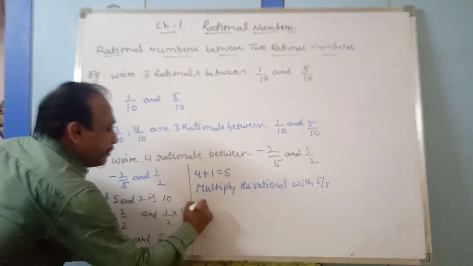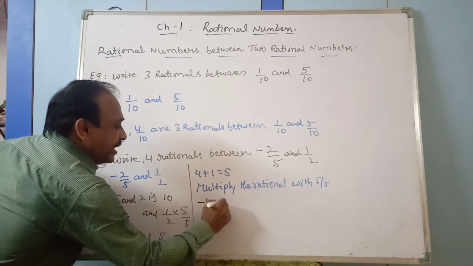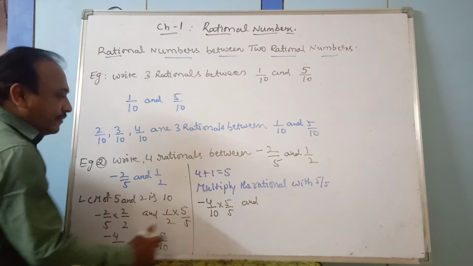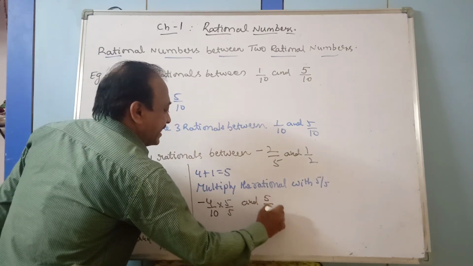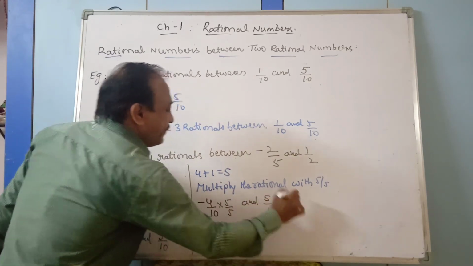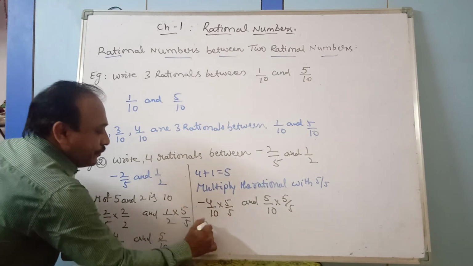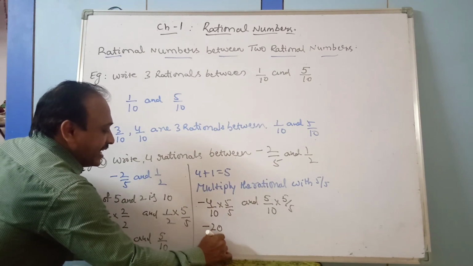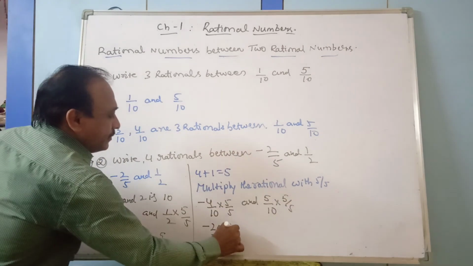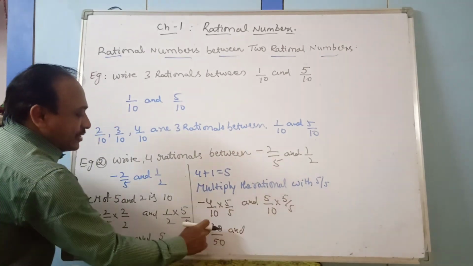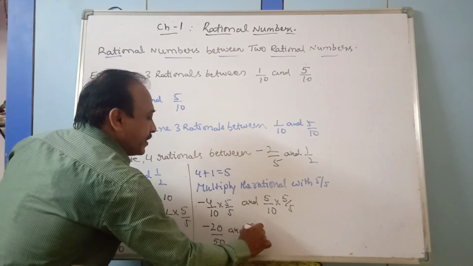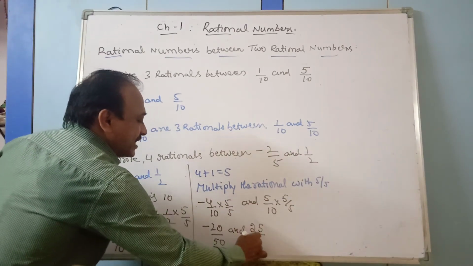Now you see, minus 4 by 10 into 5 by 5, and then 5 by 10 into 5 by 5. So minus 4 fives are 20, 10 fives are 50, and here 5 fives are 25, 10 fives are 50.